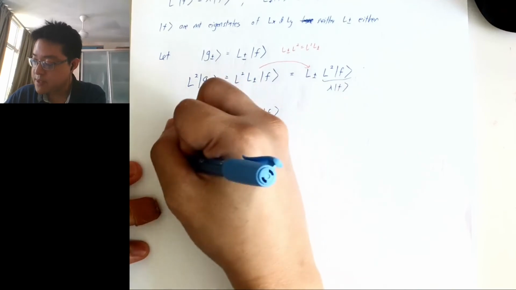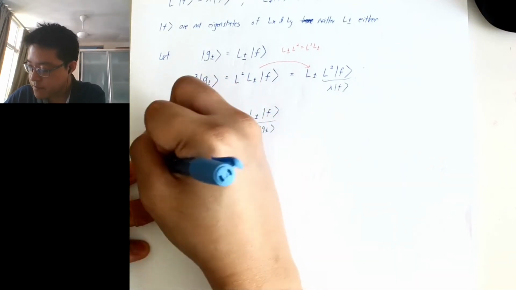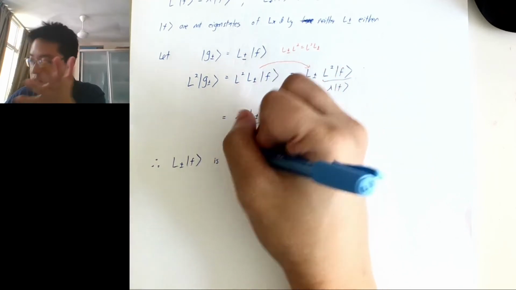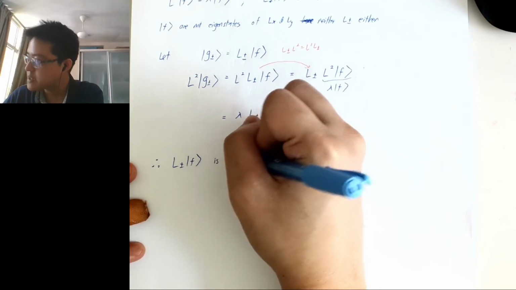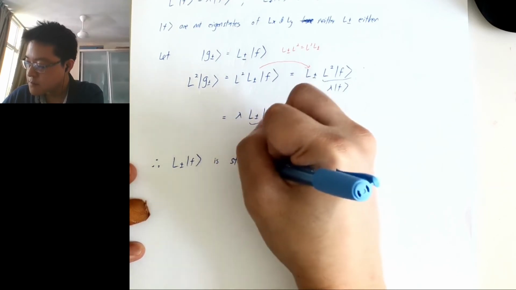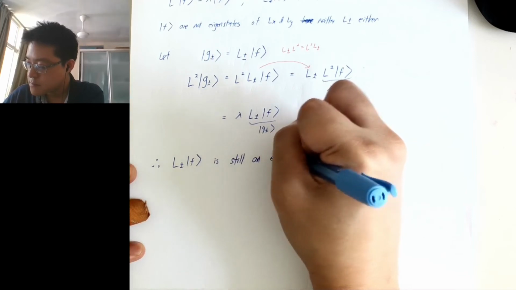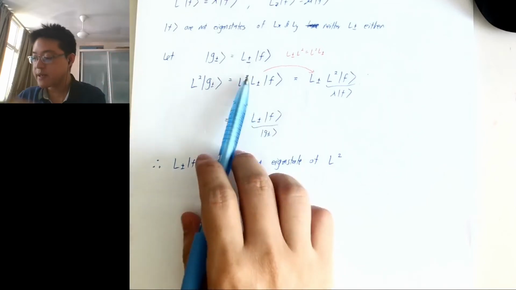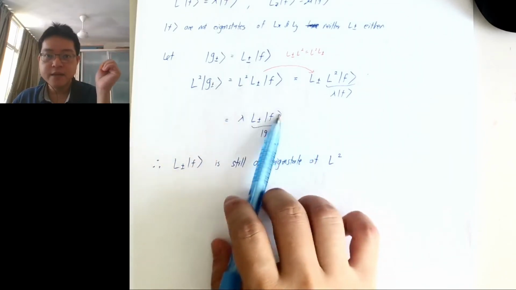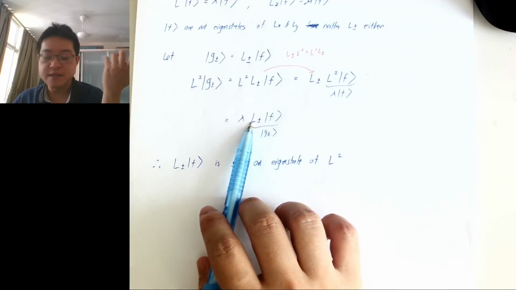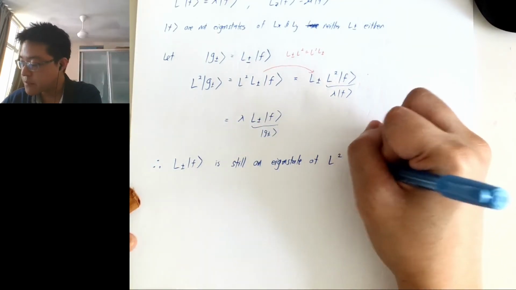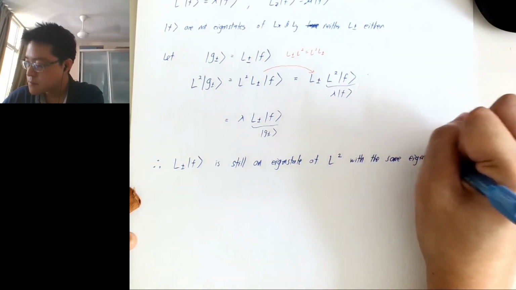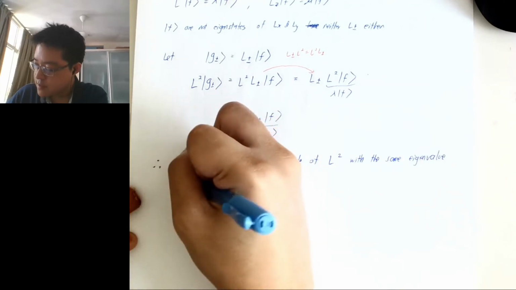So L plus minus f is still an eigenstate of L squared, and notice that, although we expected a different state, the eigenvalue is the same as for f.